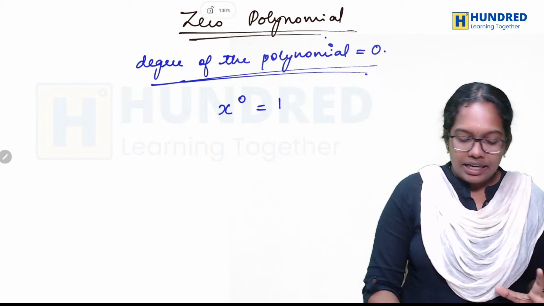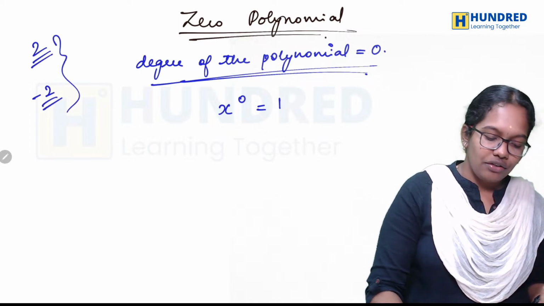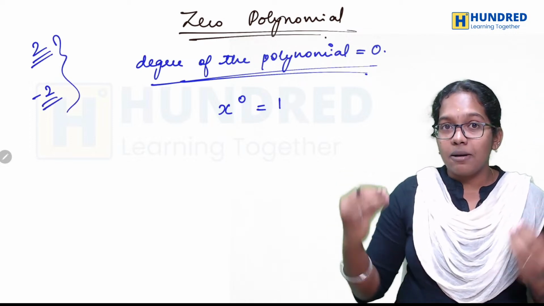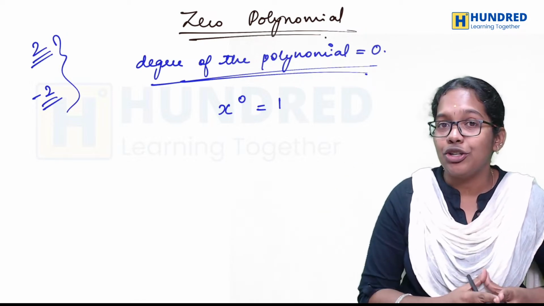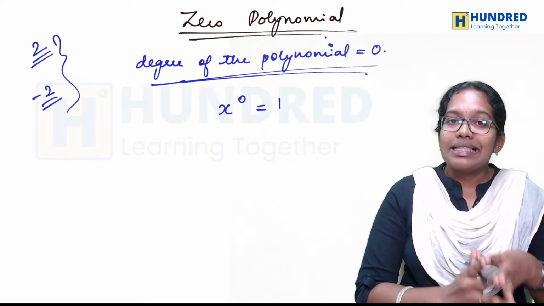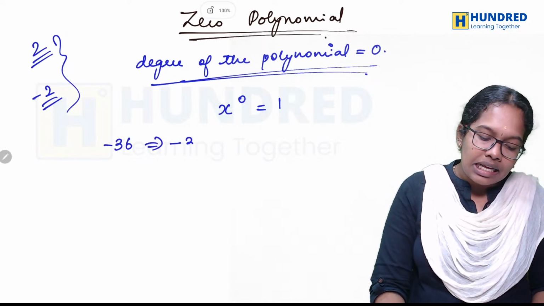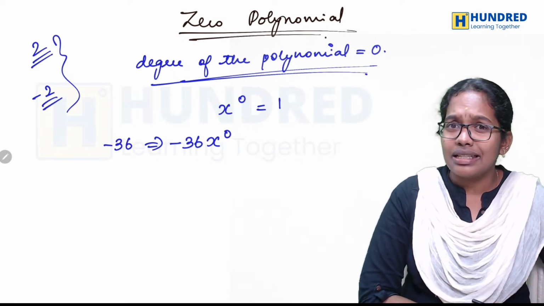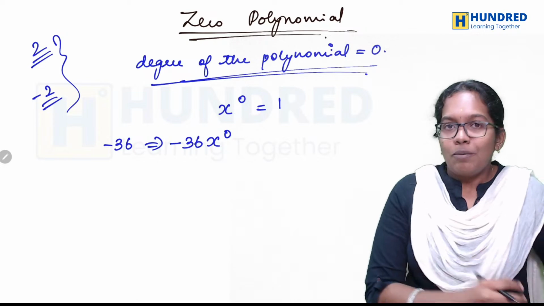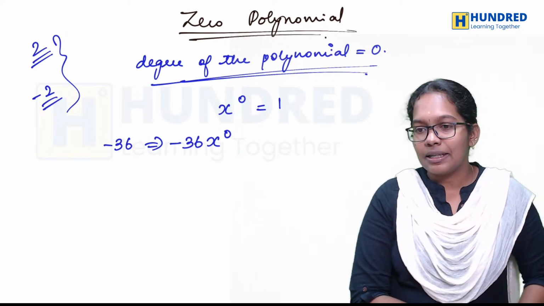So similarly, if it is 2, then these kinds of constants or real numbers, every real number comes under which place? It comes under zero polynomial. Okay, because this can be expressed as, if they give you minus 36, this can be expressed as minus 36 into x power 0, which is again a zero polynomial. Why? Because its degree is what? 0. Yes.